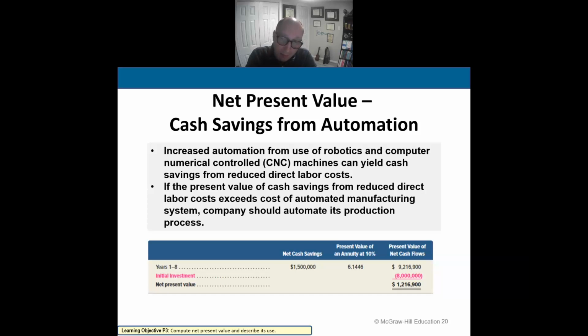I can get a present value of net cash flow of 9,216,000, which is greater than the initial investment. So if I take the projected cash savings over the 8 years minus the initial investment to get the net present value of 1.2 million, I would say that purchasing this piece of machinery is a good investment, and to do it because the net present value is greater than zero.